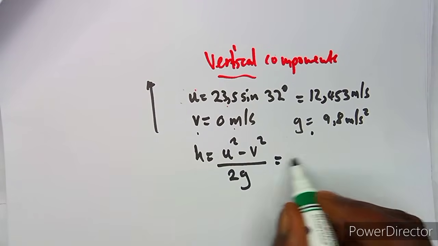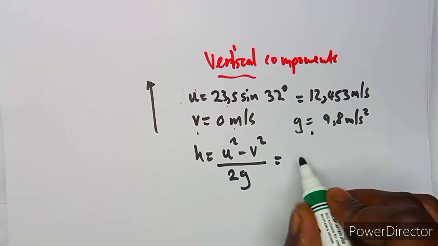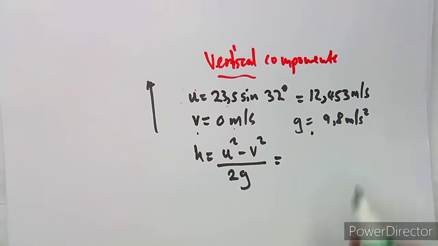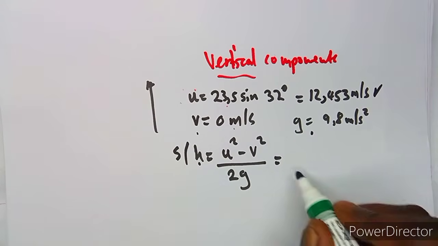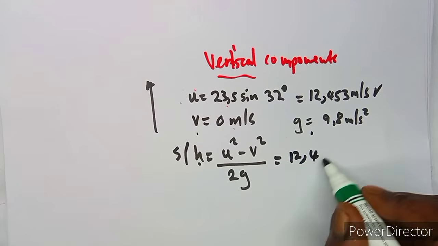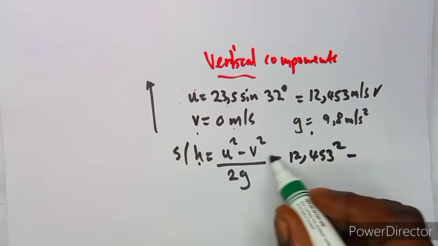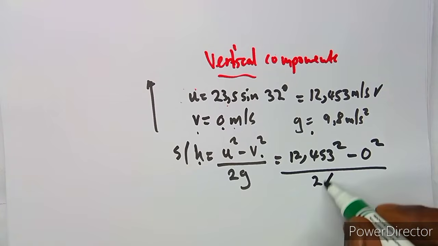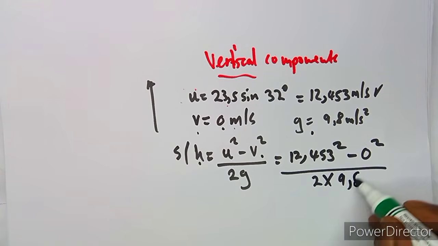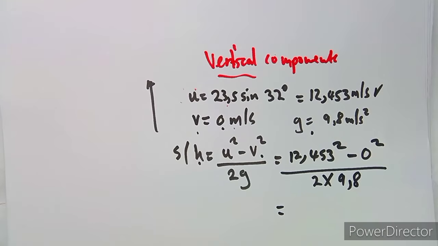There are so many formulas that I'm going to come with so that we can work on them together. You can actually substitute here, guys. That is our s or the h. So it's going to be this u, 12.453 squared, minus v, remember final, that's a 0, over 2g, which is 2 times g, which is 9.8. Making it this way can be easier.